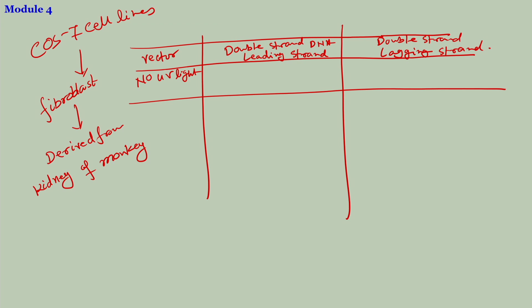When the normal DNA undergoes replication inside the cell, what is the probability of mutation? So, this table is for mutation frequency in COS cell lines.